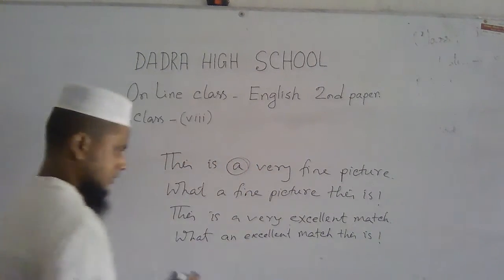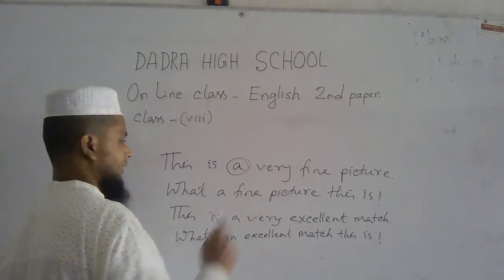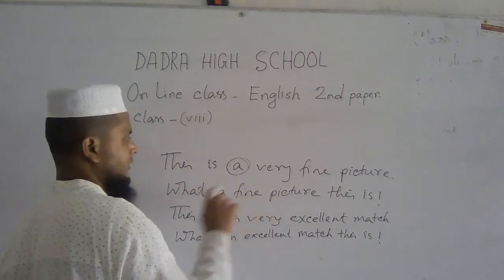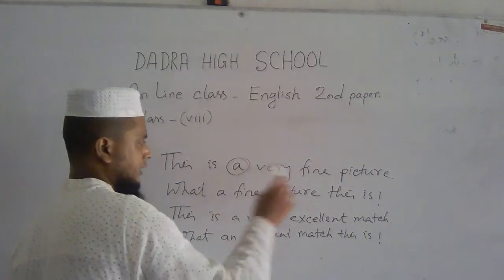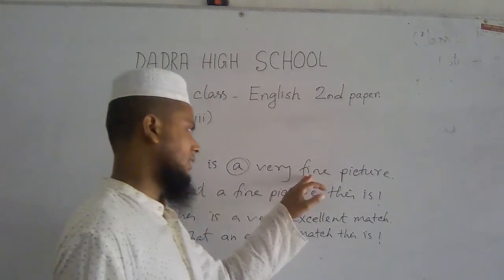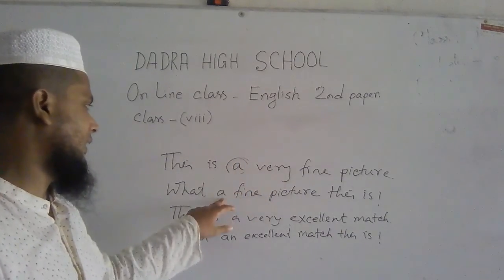You should notice that the article a, when we are making it exclamatory, we have given a very adverb, and the next word fine starts with a consonant, so we should not change a.